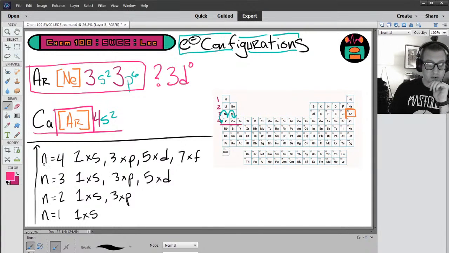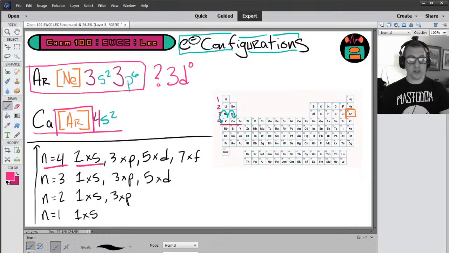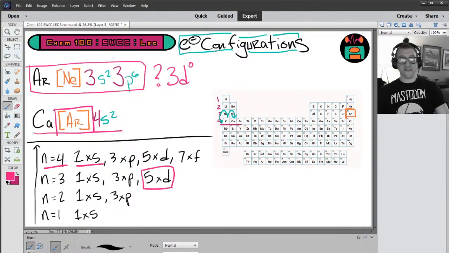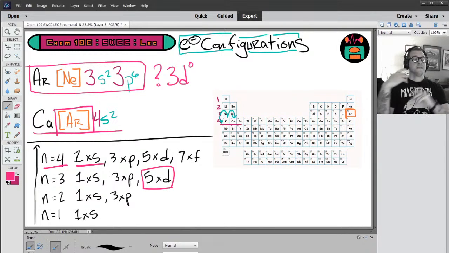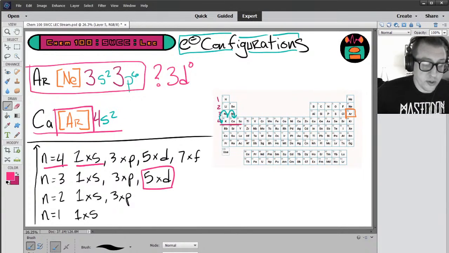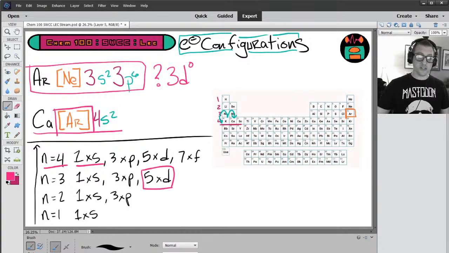Calcium started filling the 4s subshell on the fourth energy level without putting any electrons into the 3d orbitals on the third shell. Because remember, the first principle for electron configurations is you have to fill the lowest energy shells first.